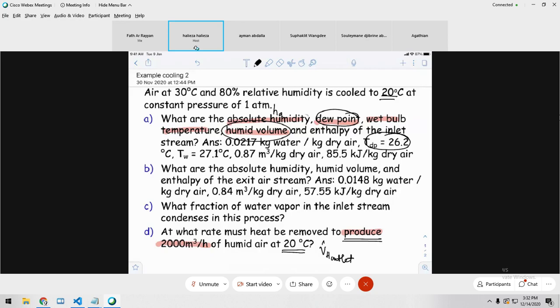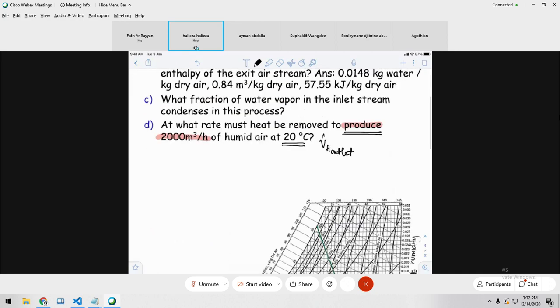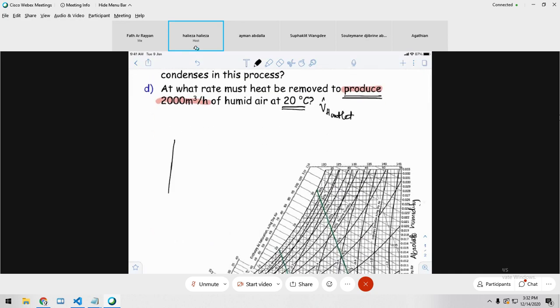Your final temperature is 20. So if you draw the graph, this is your dew point, 26.2, but you are cooling it down further to 20. That is your final outlet condition at 20 degrees C, not at 26.2.